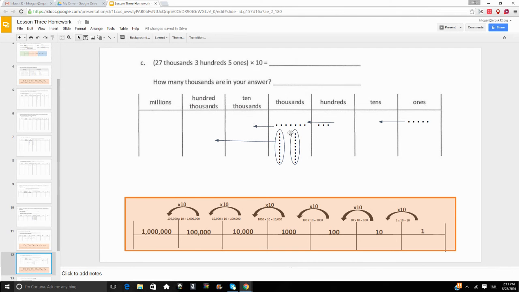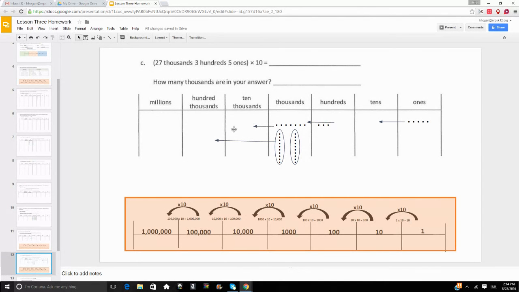So now we have 27,000s, 300s, and 5 ones times 10. Well, 1 times 10 is 10. So these ones will be moved over into the tens place, which will give us 50. 300, well, 100 times 10 is 1,000. That will give us 3,000. 27,000s, well, 1,000 times 10 is 10,000.